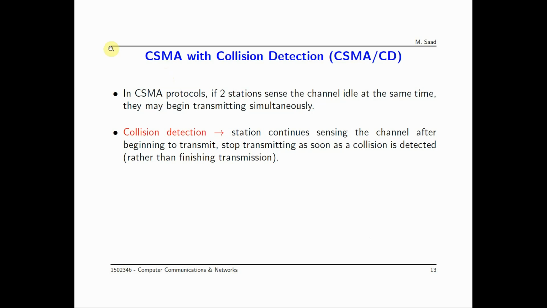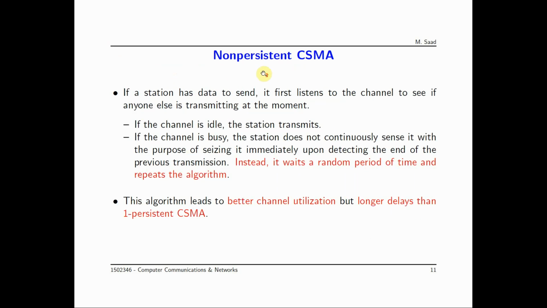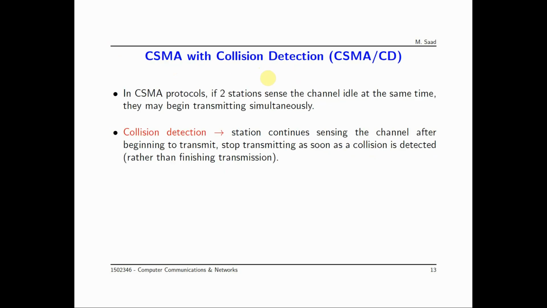But if we apply CSMA with collision detection, that option simply means that if the station starts transmitting, whether it's p-persistent or non-persistent or 1-persistent, it does not stop sensing the channel. The station continues sensing the channel even after it began to transmit. Why? Hoping to detect a collision in the middle of the frame.